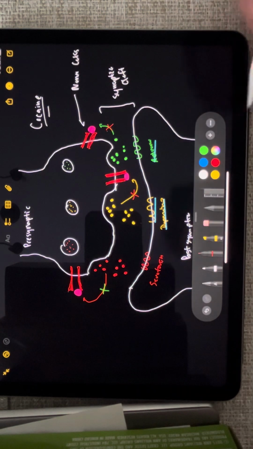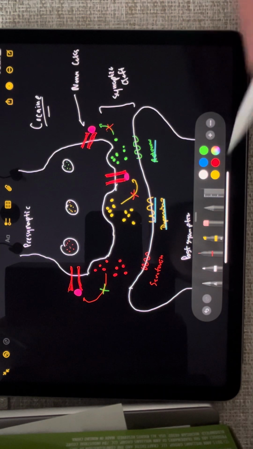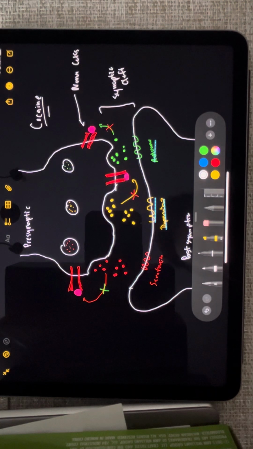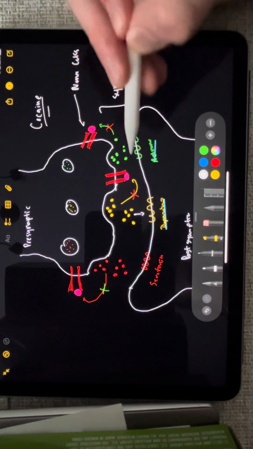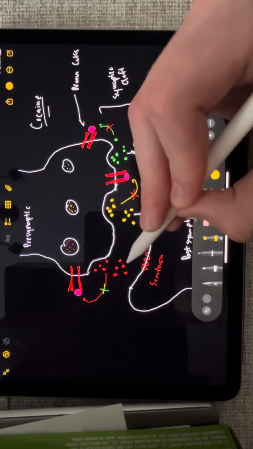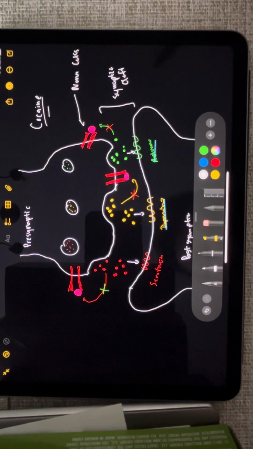And what we can see is with the presence of cocaine, there's an increased amount of serotonin, adrenaline, and dopamine within the intermembrane space, and they are all going to be going towards these detectors in other cells.